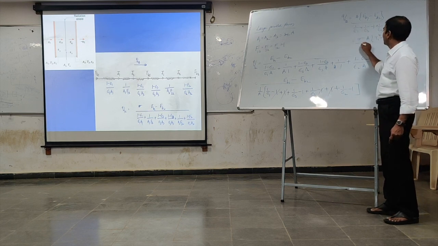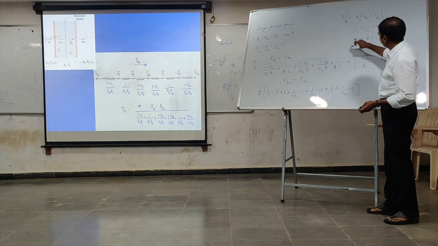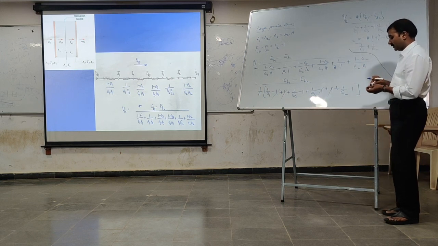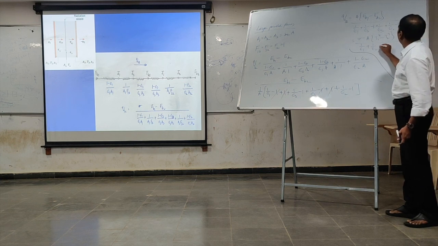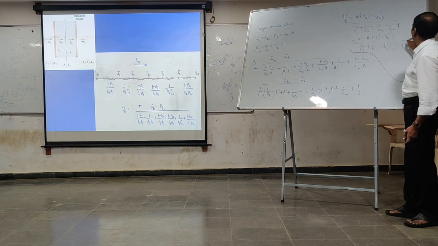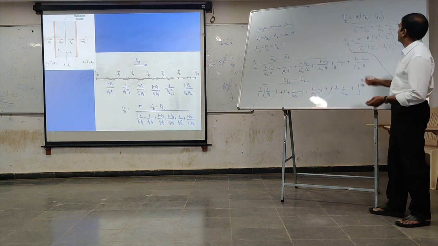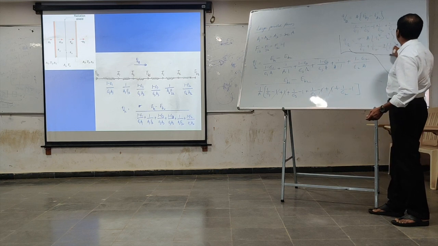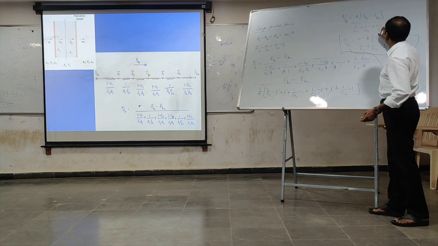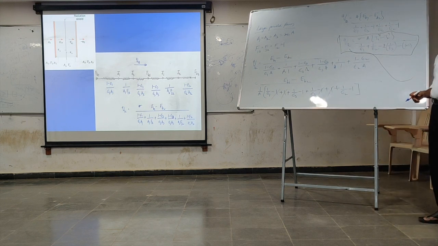Now I am rearranging this as 1 by epsilon 1 plus 1 by epsilon 2, minus 2 into (1 by epsilon S minus 1), plus 1. So this is the equation for Q1 to 2 for the given case where there are large parallel plates.